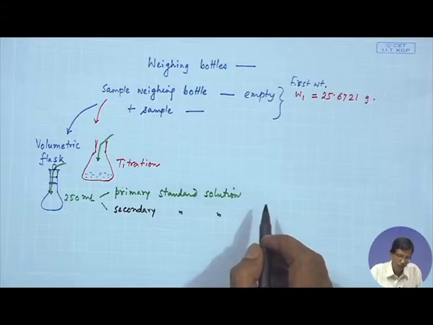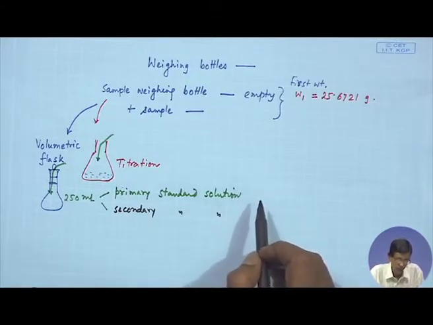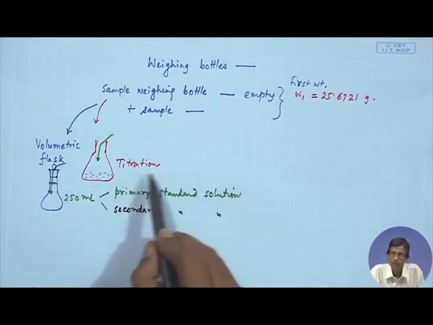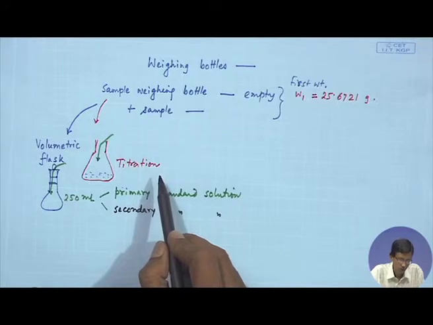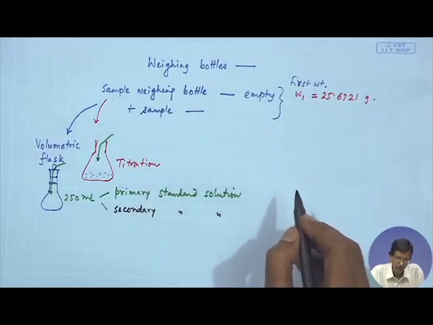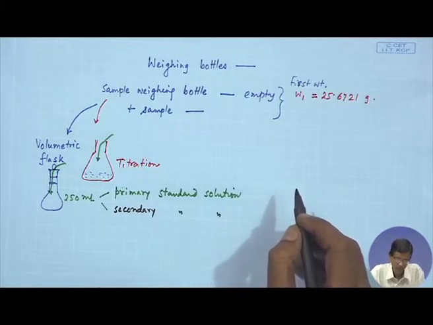Once again, we will discuss all these in detail when we go into the corresponding chapters, where we can discuss the volumetric analysis or titrimetric analysis of any unknown sample, where the analyte can be a mineral or a metal ion or something else.